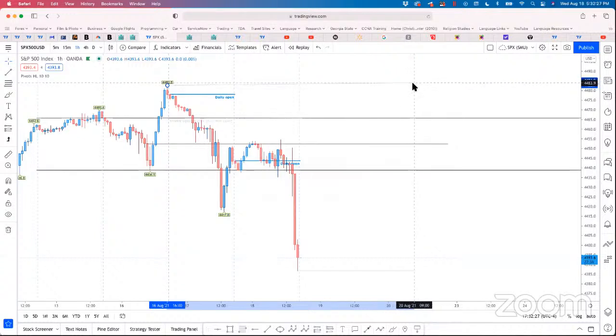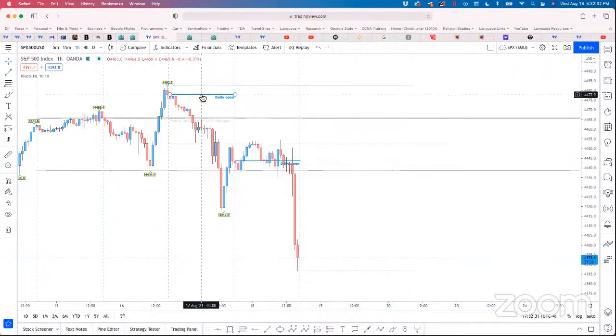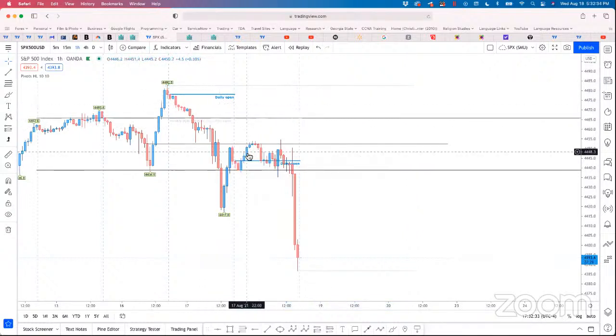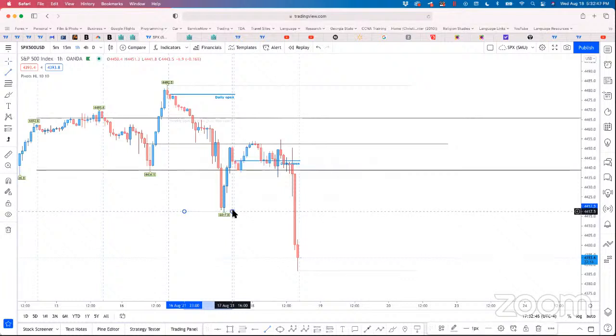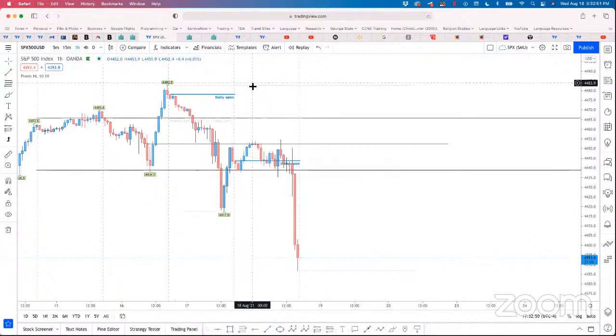And within those, they're going to be looking at where your daily high, right here, here, here, and your daily lows. Right? These are all areas that you have to pay attention to, right?